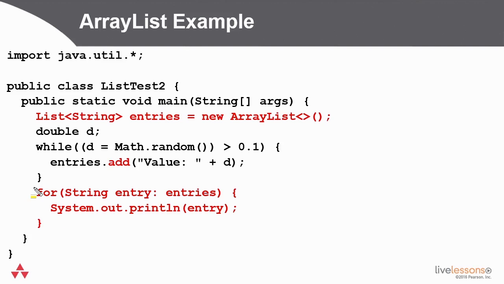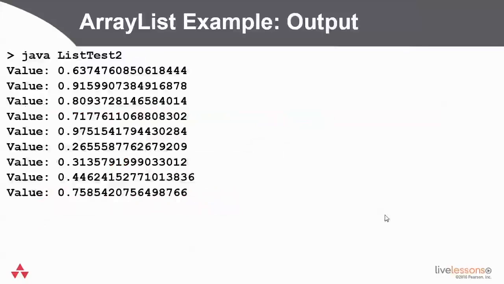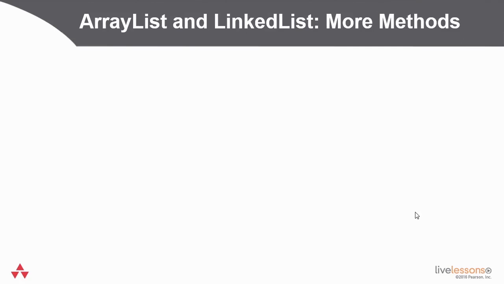So I can do the for-each loop, and I can say for each String named entry in entries, do something with it like print it out. I don't know exactly what this output is going to be because it's somewhat randomized, but here's some representative output.